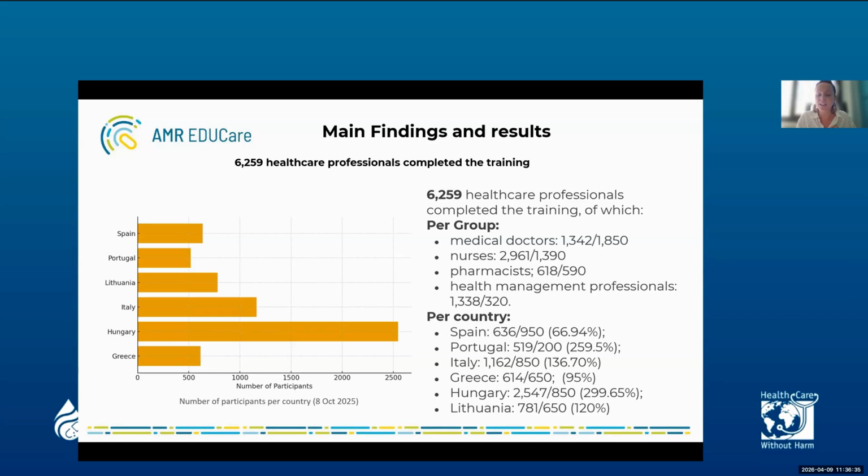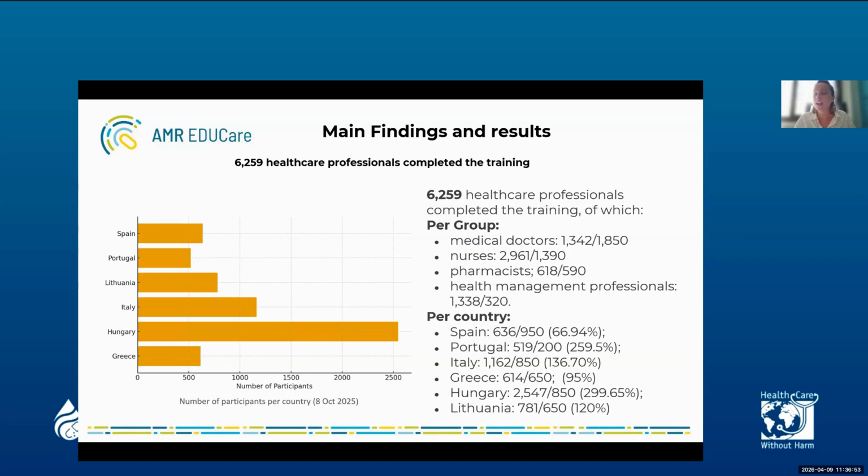Interesting findings we had were regarding the profile of healthcare professionals taking it. Healthcare managers were specifically interested. And when we investigated the reason why, it's that they were not offered so many options of training.